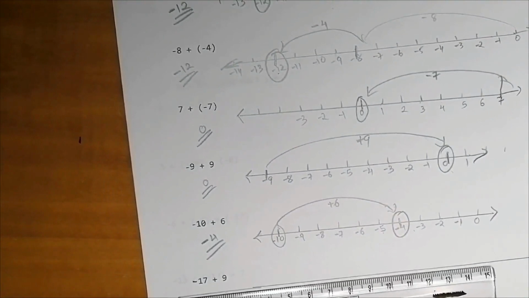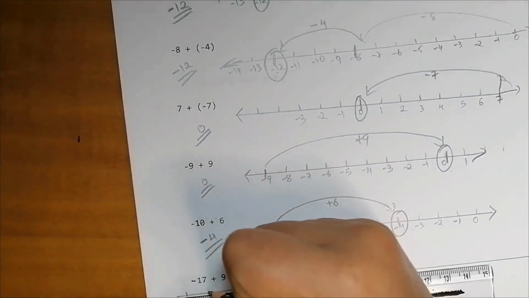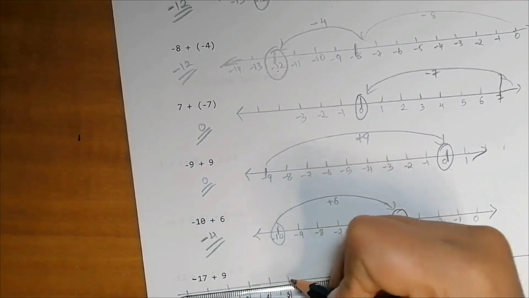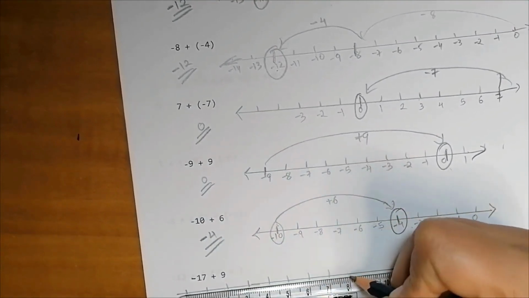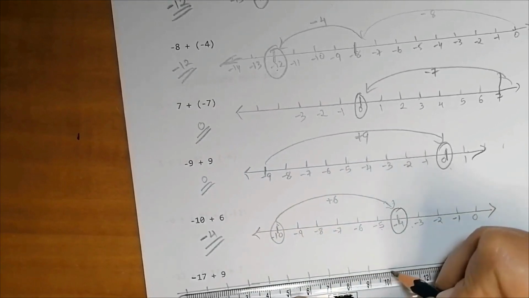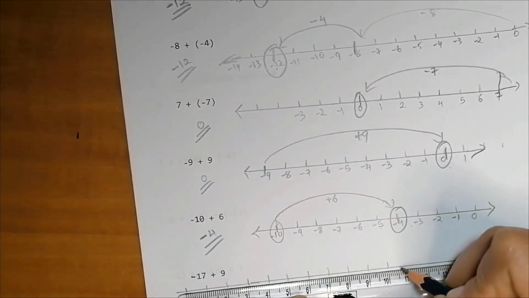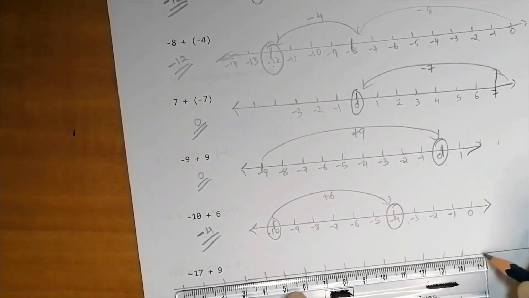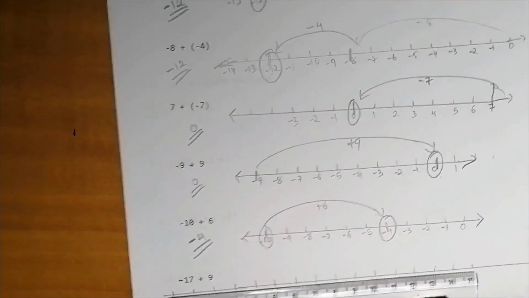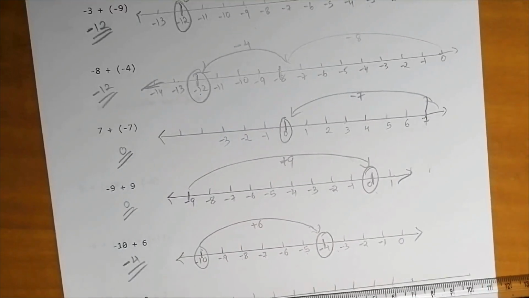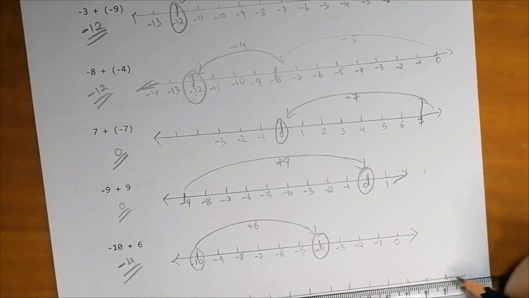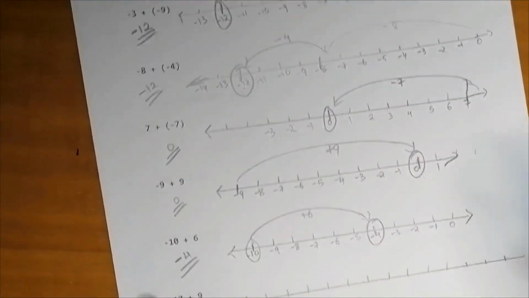This is my minus 17, minus 16, minus 15, minus 14, minus 13, minus 12, minus 11, minus 10, minus 9, minus 8, minus 7, minus 6, minus 5, minus 4, minus 3, minus 2. I don't need so many, but I'll just complete it. Minus 1 and 0.